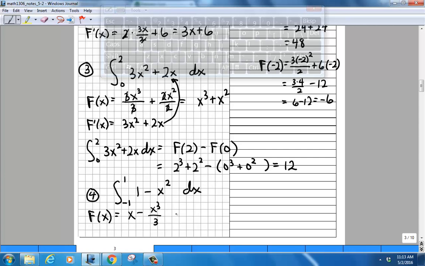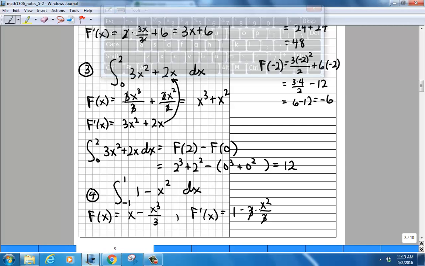And you can easily check that just by finding the rate of change of capital F here. The rate of change of x is 1, and for the second term, you bring the 3 down and subtract 1 from the exponent and then divide by 3, so the 3's cancel out, and indeed you'll get 1 minus x squared.